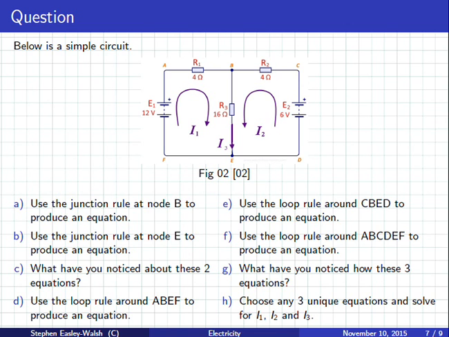But this is the thing. You can go this way or you can go this way. So for example, if we go the other way around the loop, watch. If I start here and go this way around, what do I start with? Minus 1 because I'm going the wrong way through the battery. And then minus 6 I2 equals 0.